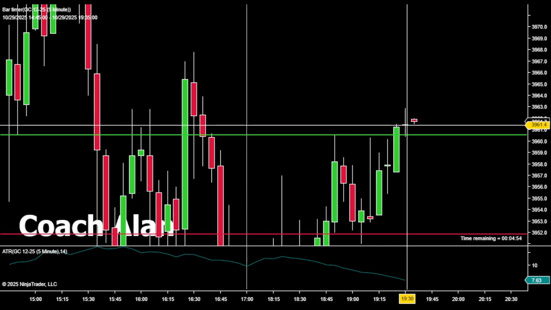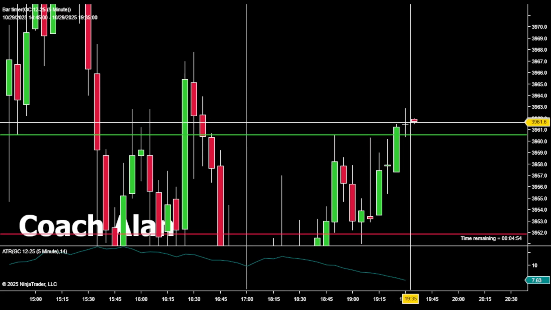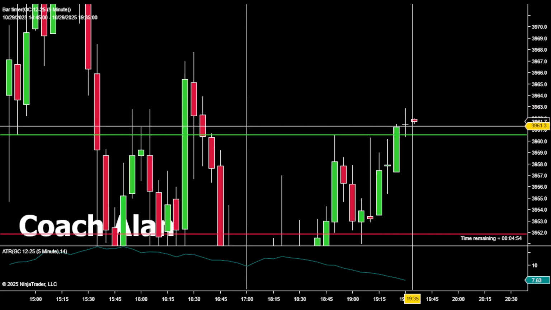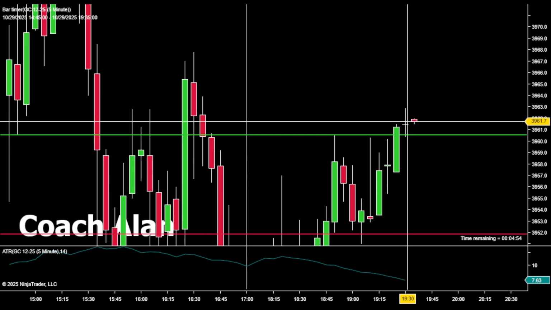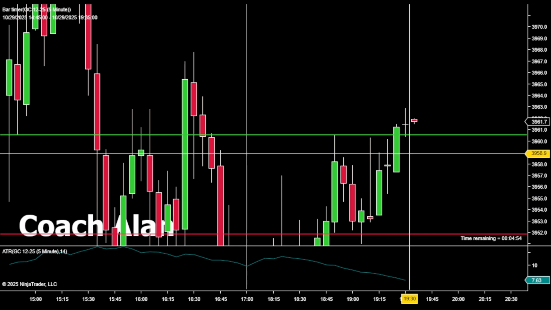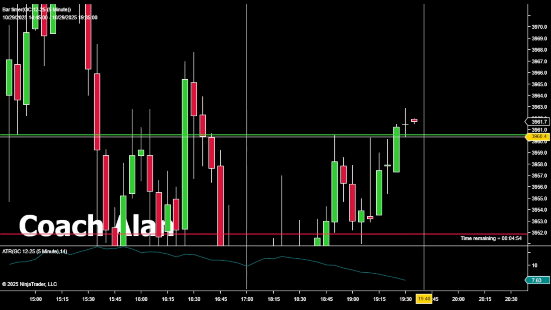And remember, doji candles mean indecision. So the market doesn't know if it wants to continue going up or if it wants to change and come back down. So I'm not going to mess with that. In this situation, I'm going to wait for a good size bullish body to close above here.